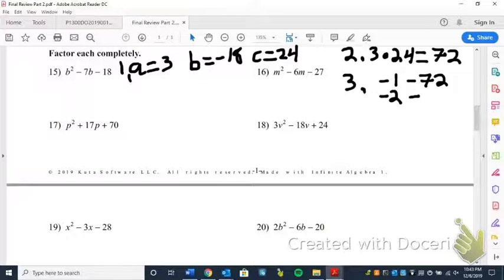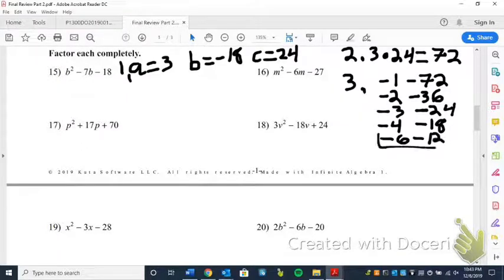The only one of those which will give us a negative sum is by multiplying 2 negatives together. So, negative 2, negative 36. Remember, we're trying to get it to add up to negative 18. Negative 3 and negative 24 would be negative 27. Negative 4 and negative 18 would be negative 22. Negative 6 and negative 12 is negative 18.